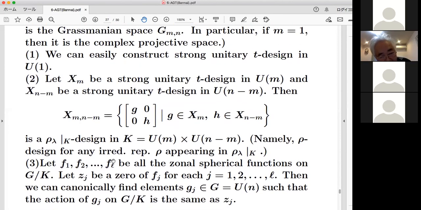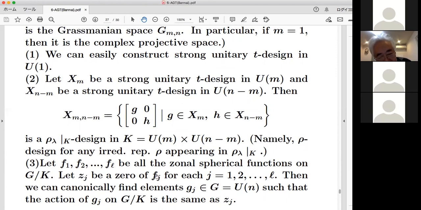Now let f1, f2, up to fL be all the so-called zonal spherical functions of this homogeneous space, G over K. There are only finitely many zonal spherical functions as a basis. And let xj be a zero of fj.